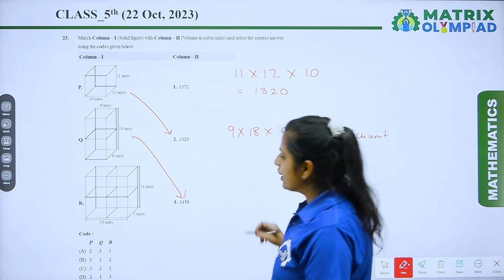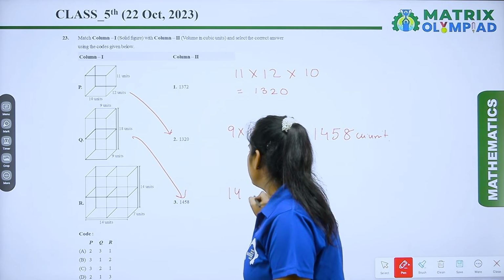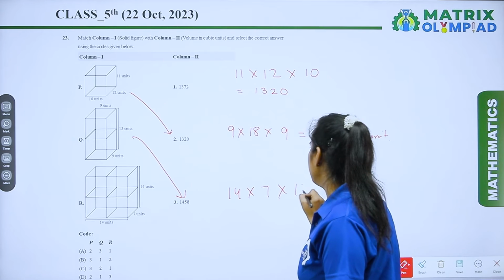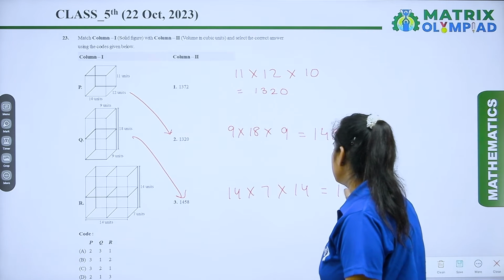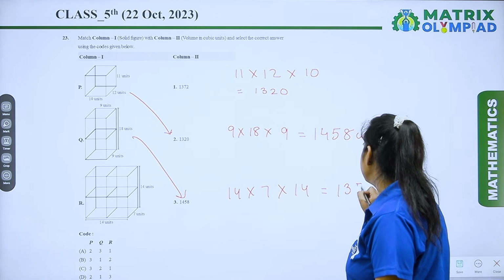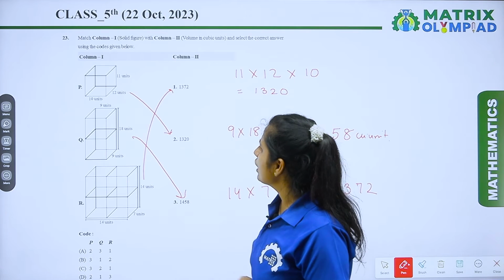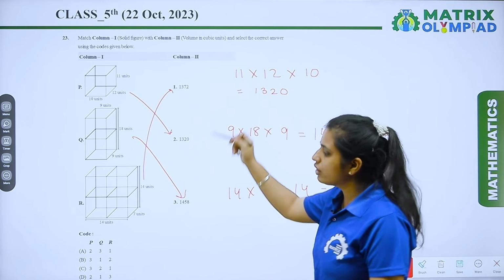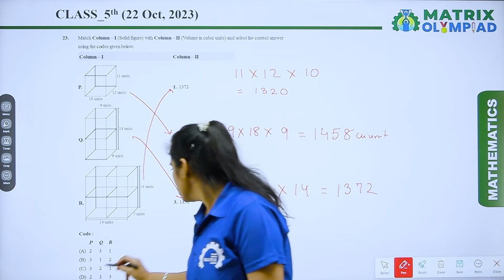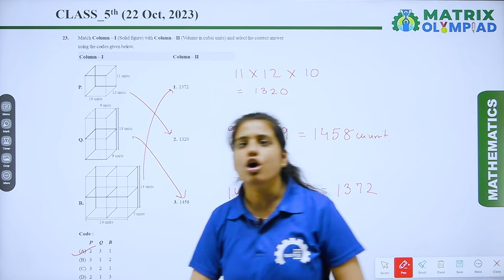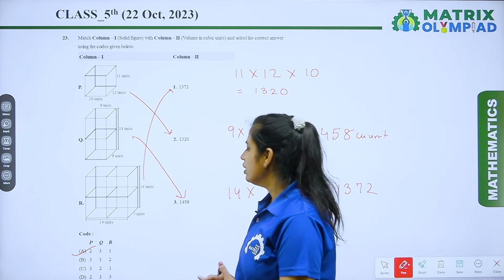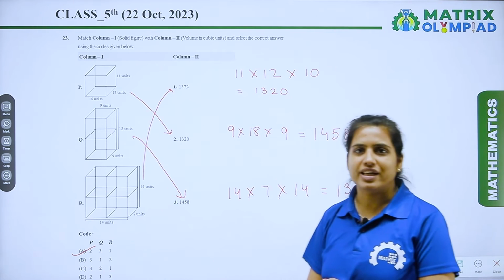Now the third one is 14 multiplied by 7 multiplied by 14 and the correct answer is 1372. So the sequence will be 2, 3, 1 and here 2, 3, 1 is in the option A. So here the correct answer is option A.